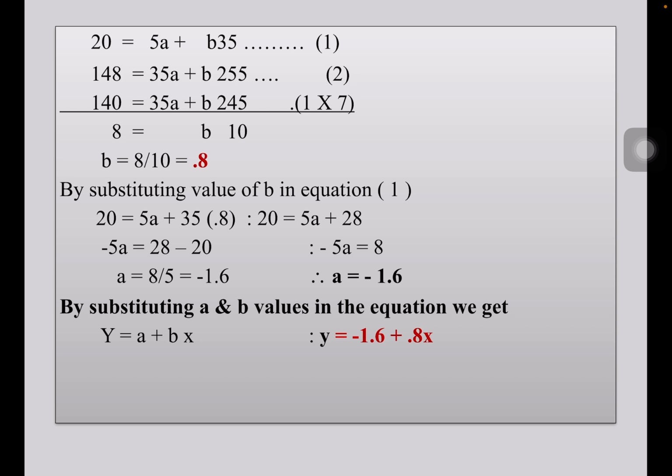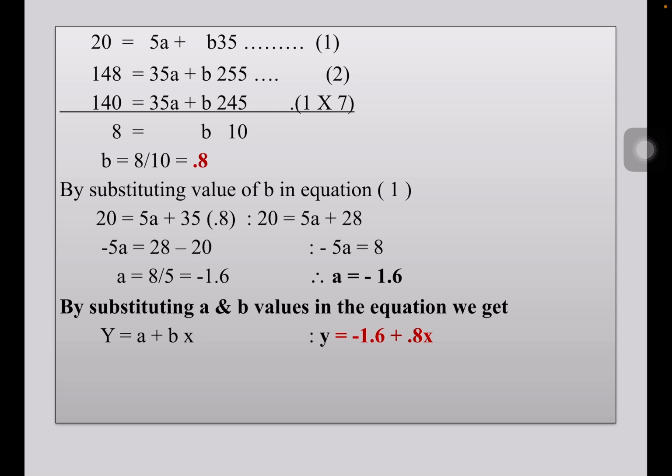You will get 20 equal to 5a plus 28. When you bring 5a to this side of the equal sign and take 20 to that side, signs will change. Therefore, minus 5a is equal to 28 minus 20. So, minus 5a equal to 8, a equal to 8 by 5, that is minus 1.6. Therefore, a is equal to minus 1.6.